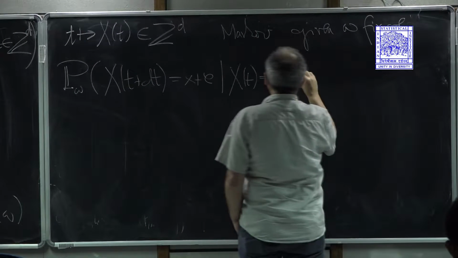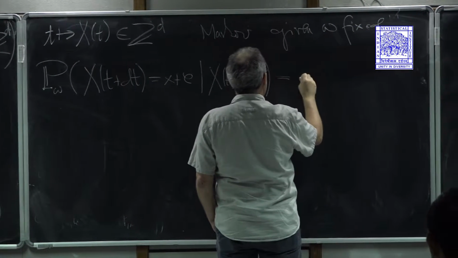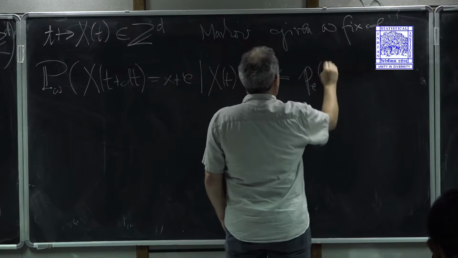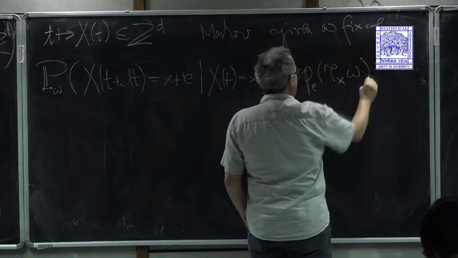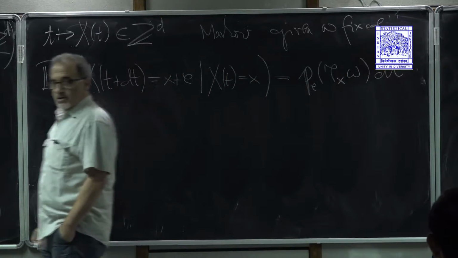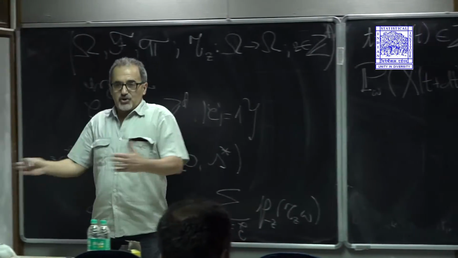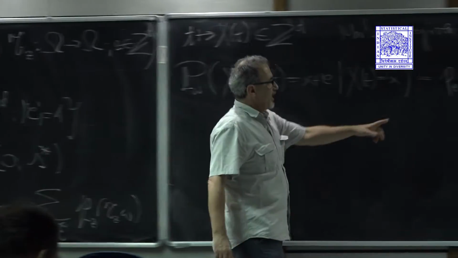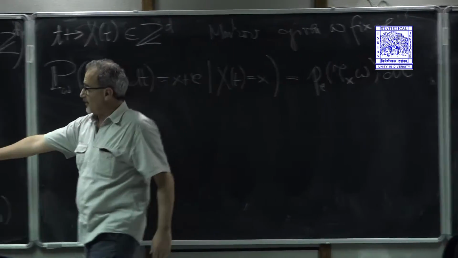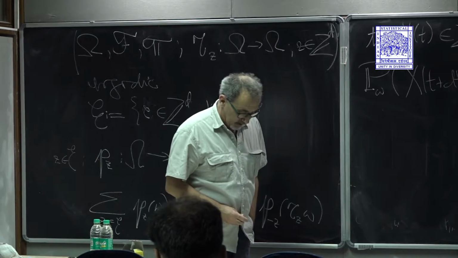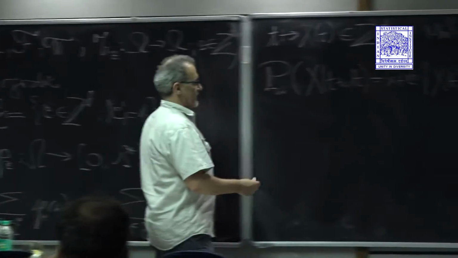This is equal to P_e of tau_x omega dt plus o(dt). So it's shifting, then it's exact. I have a space with a shift, and the jump rates at site x are just the shifted versions of these. So this is a random walk in random environment, and X_0 equals 0.